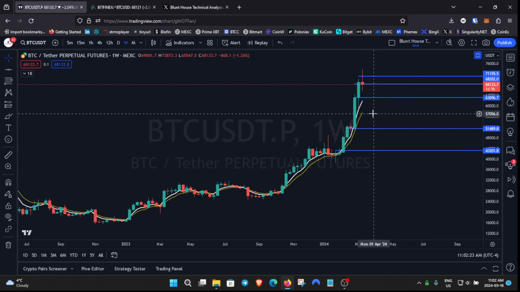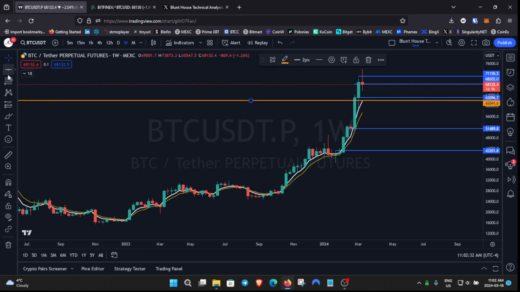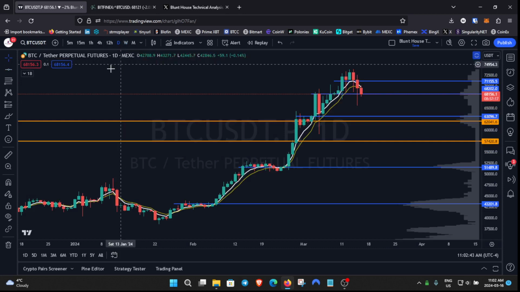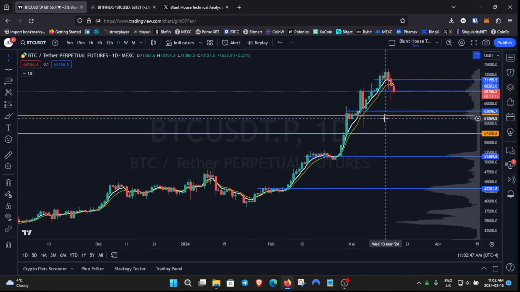But what does that look like on the daily? So let's add these levels so that we can exactly see where we're going. That's the weekly 5 EMA, and here's the weekly T line, roughly. We go back to our daily chart, and we're somewhere in this neighborhood here.